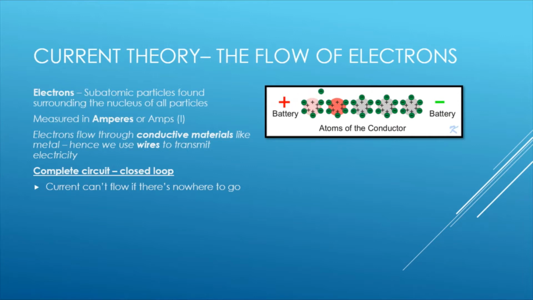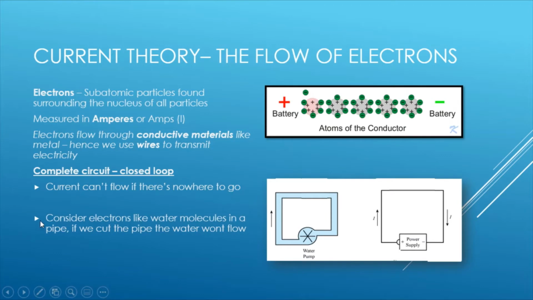So we have a complete circuit, and we call that a closed loop, which means that basically the current can't flow if there's nowhere to go, and so there is somewhere for the current to go. You can see a pump is pushing water around, and this is a great analogy of using water.